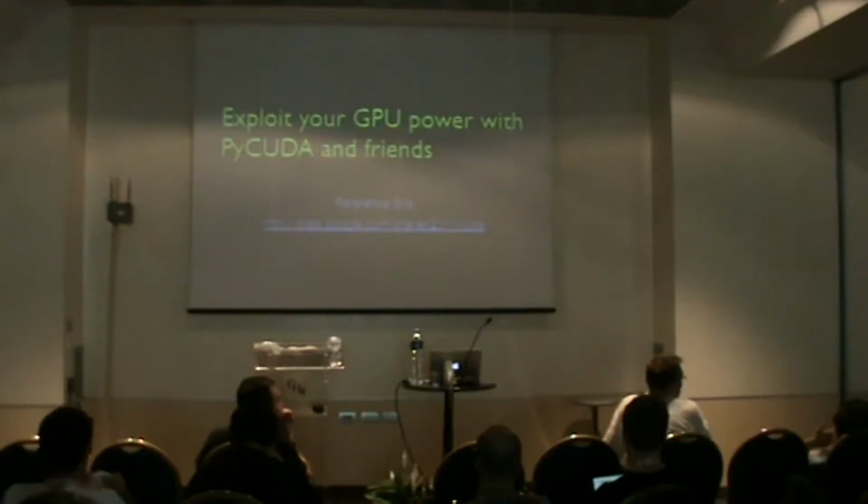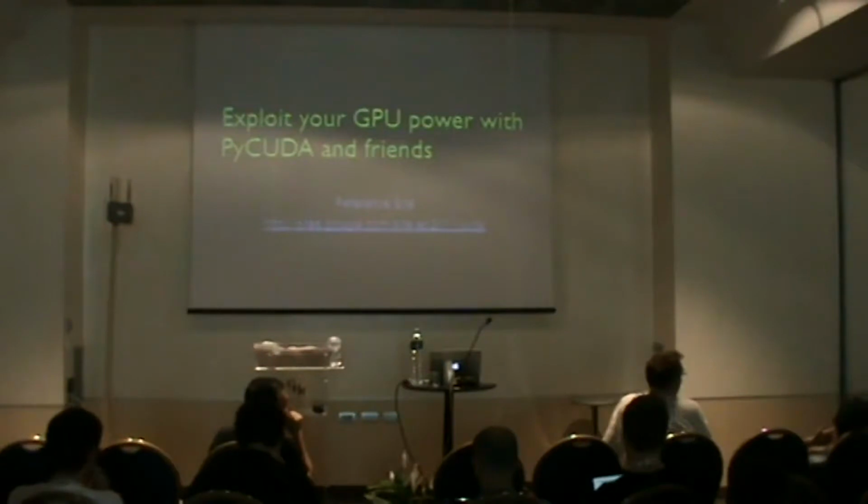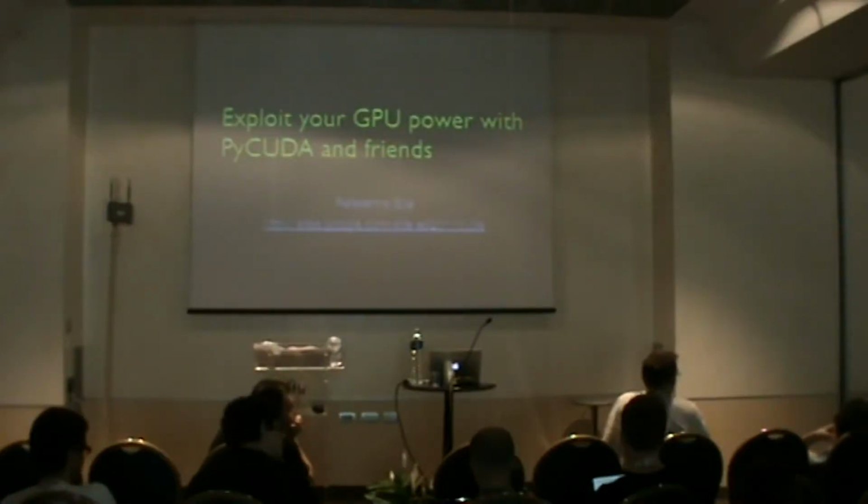It's a very important thing when you do GPU programming to rightly configure your kernel. The ratio between the threads per block and blocks can change your speedup, your performance, a lot.